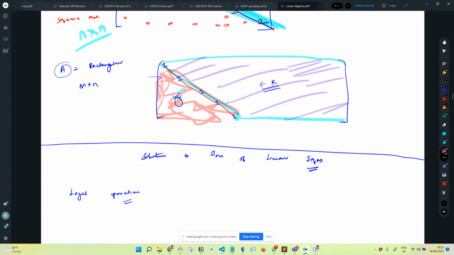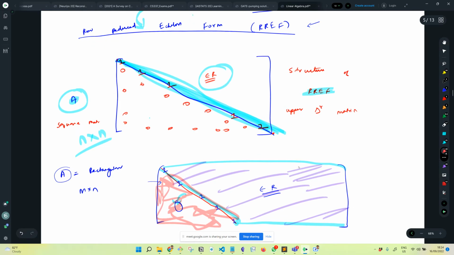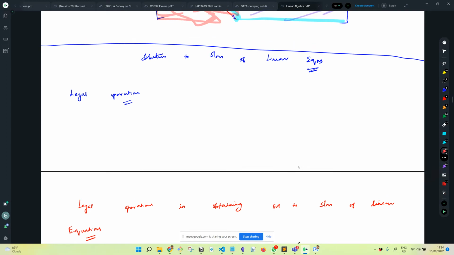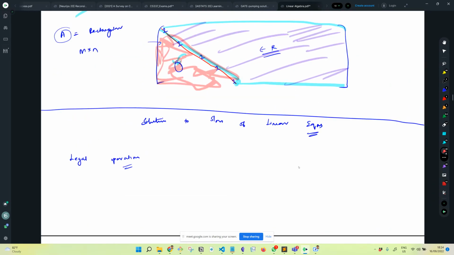Okay, so I hope the structure of RREF is clear. Next, we were discussing how to convert a given arbitrary matrix into a row reduced echelon form, meaning into a form where leading diagonals have ones. I think you get the point, right?